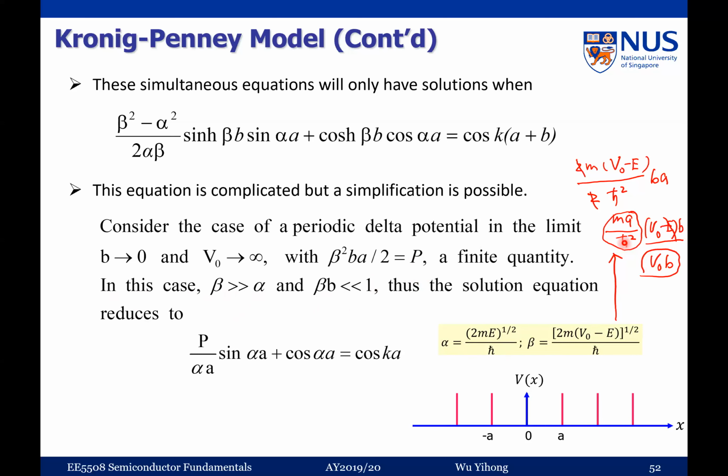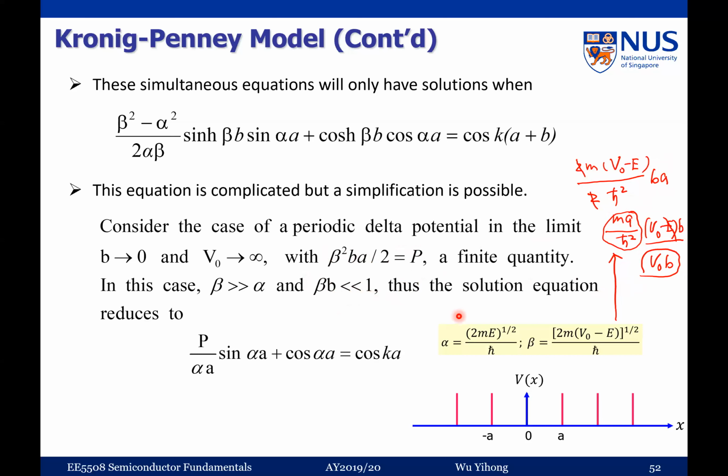Because beta square b is V naught b, and this is finite. Beta b is on the order of the square root of V naught b, so if this is finite, then this is, of course, much smaller than 1.